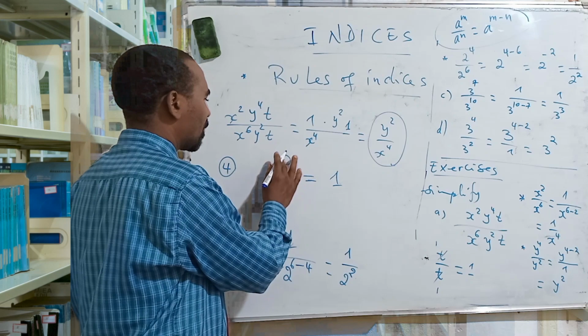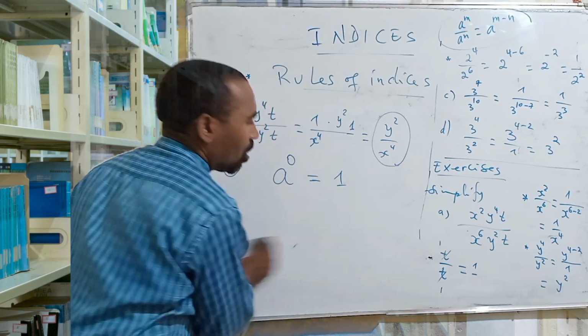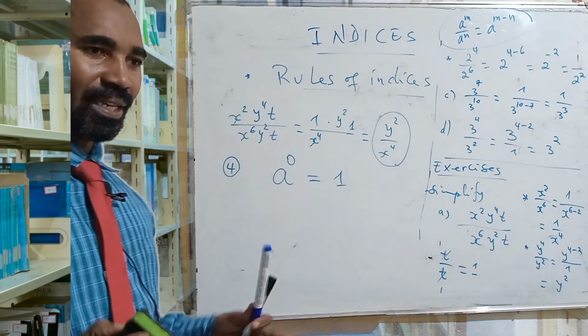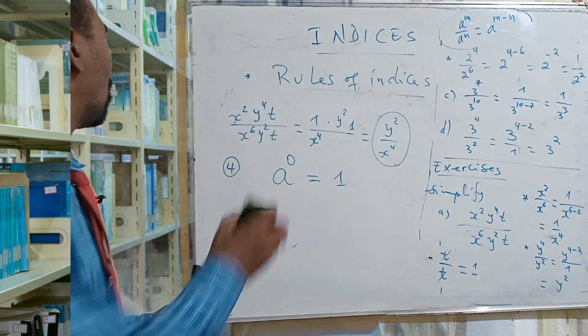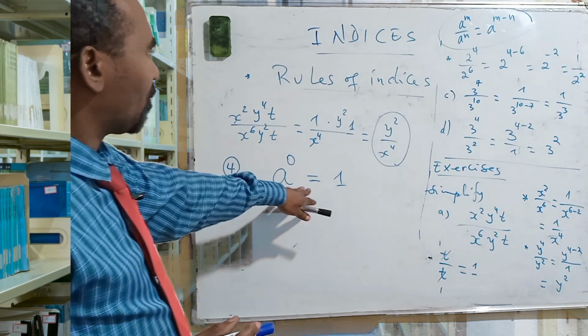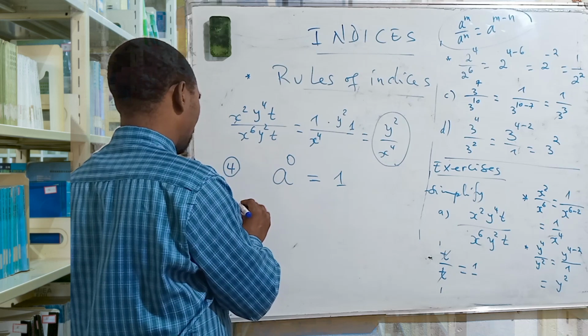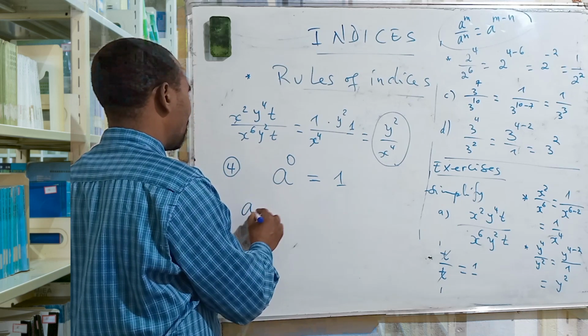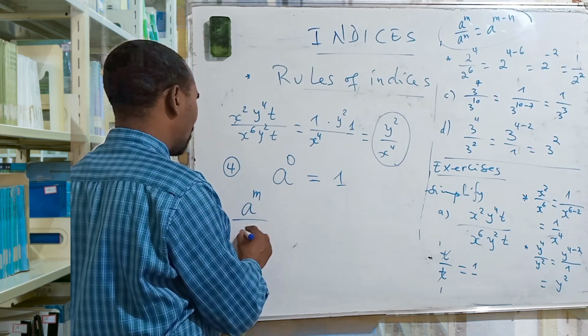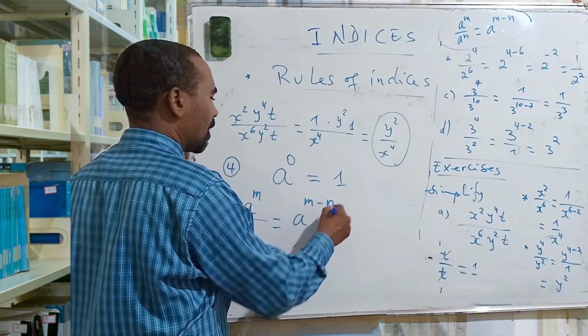I want to make just a small proof to know where it's coming from. To prove this one, I will use the previous property. If I have a power m over a power n, this is a power m minus n.